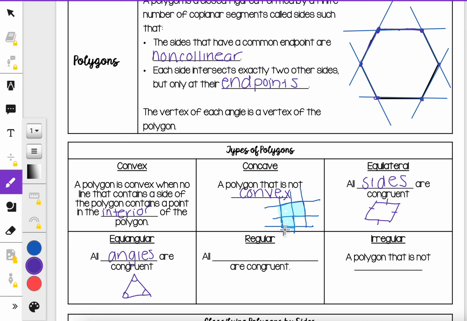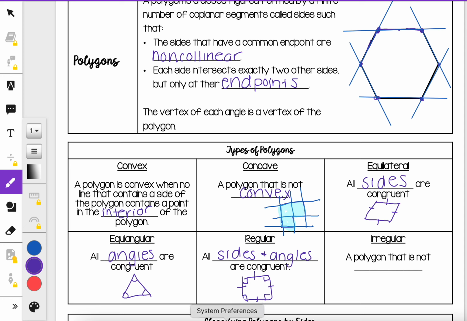And then a regular polygon is when all of the sides and angles are congruent. So in that case, a regular polygon is going to be an equilateral polygon and an equiangular polygon. So if you think of a square, all of the sides are congruent and all of the angles are congruent.